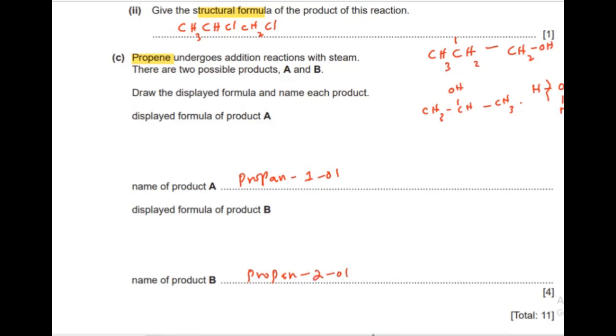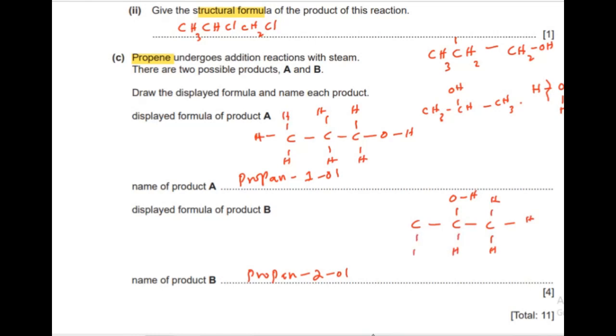Then you can draw the displayed formula. This is propan-1-ol, with the OH, and you can draw the rest of the hydrogen. And the propan-2-ol should be like this, because the OH group must be on the second carbon.